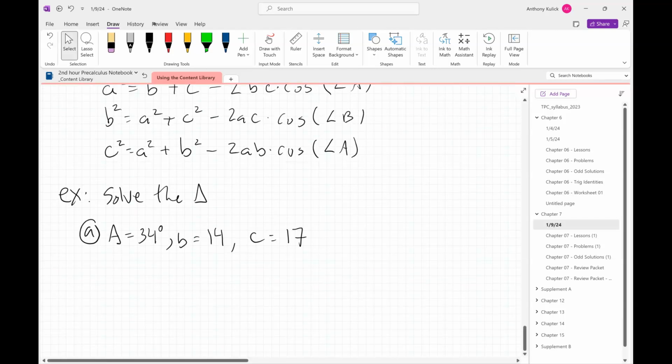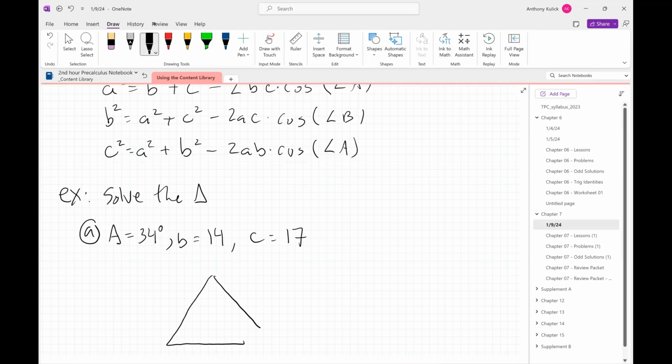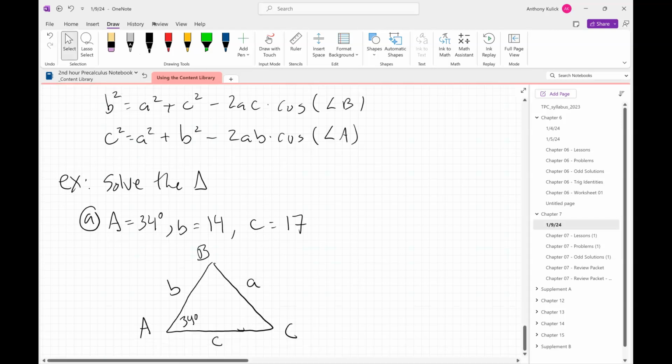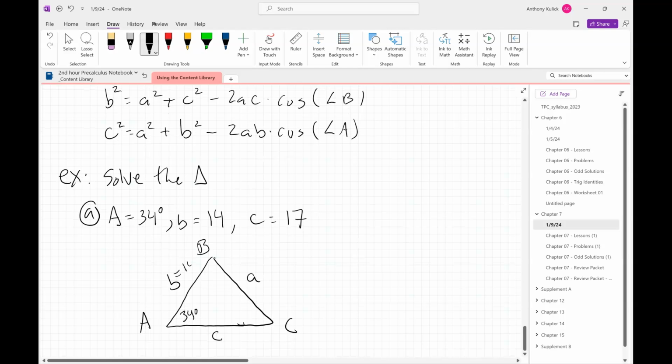So if we're asked to solve the triangle where angle A equals 34 degrees, side B is 14 and side C is 17. Again, first step is to draw and label a picture. So ABC, 34 degrees, side A, side B, side C. B is 14, C is 17.